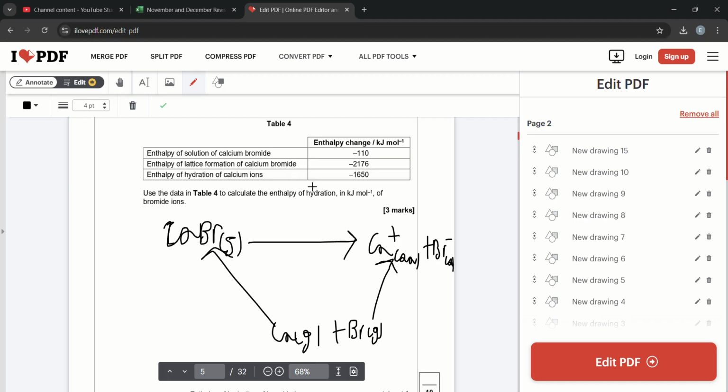So to form calcium bromide is minus 2176. That's for the arrow to be this way. We know the enthalpy of solution of calcium bromide is minus 110.